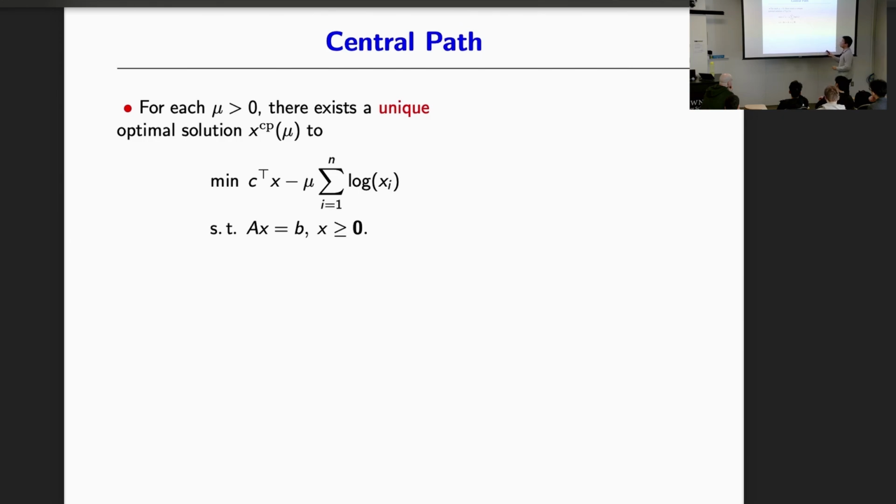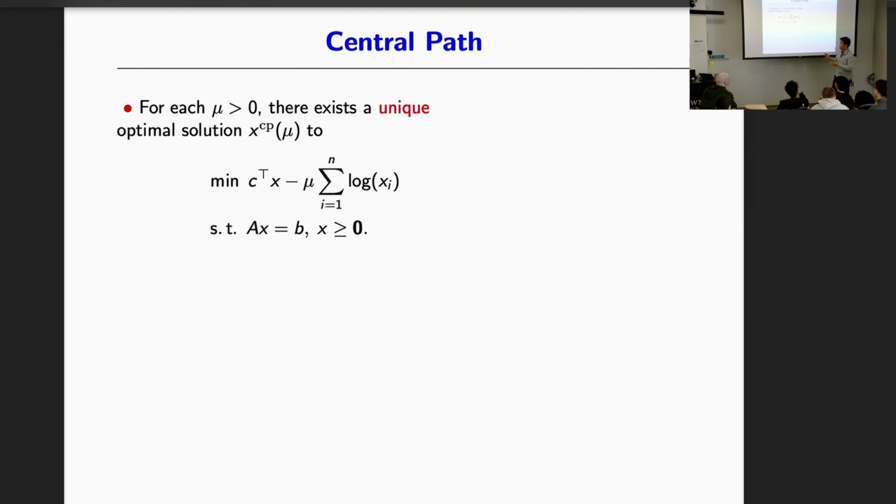Now, if you optimize this augmented problem instead, you'll get some solution. And the solution will be unique because the objective is strictly convex because of the log. And moreover, because log of 0 is minus infinity, this encourages the solution to stay far away from 0 on every coordinate.